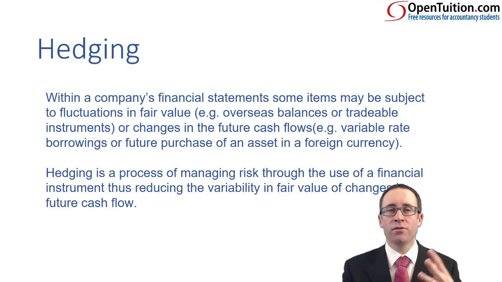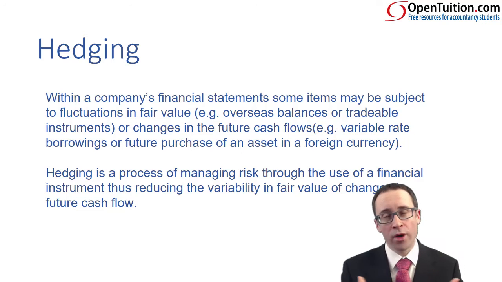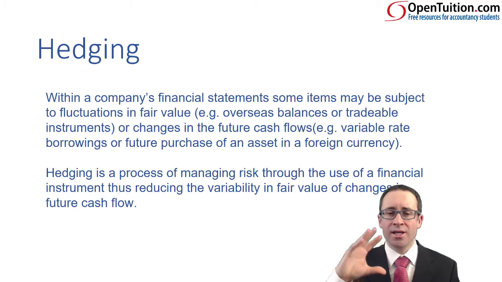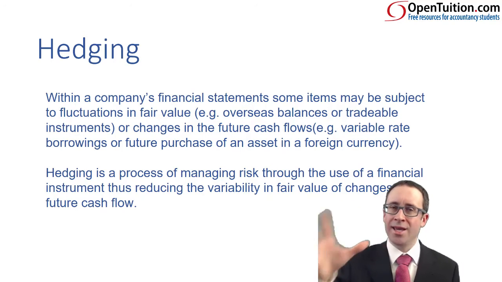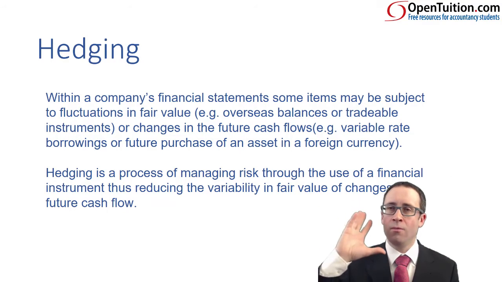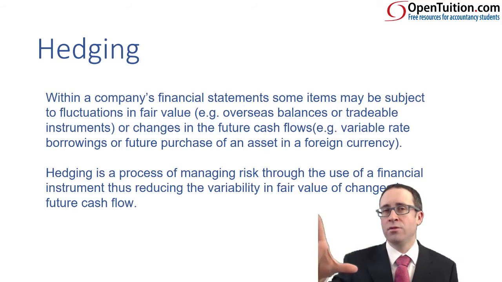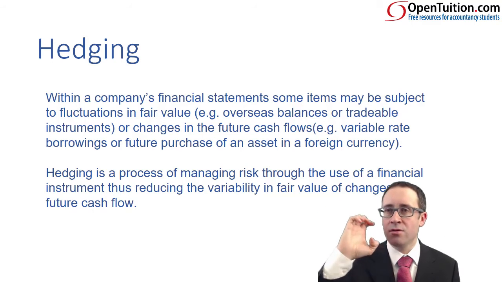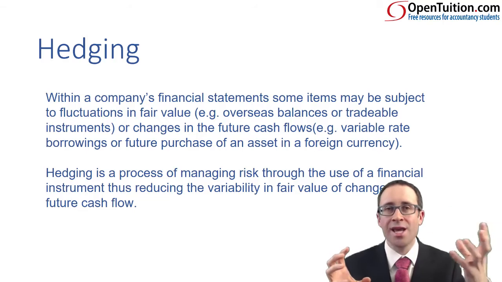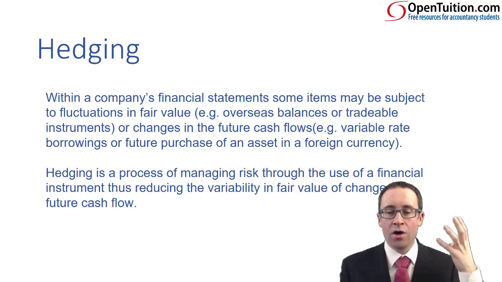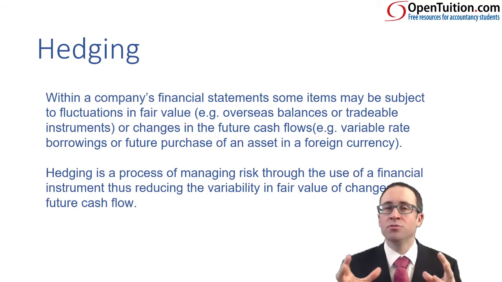Because by entering into a future, an option, a swap, or even a forward contract, what should hopefully happen is that the changes in the value of what is in your financial statements, or what will be in your financial statements in the future, any changes in value there will be offset by the changes in the value that you have on your derivative financial instrument.